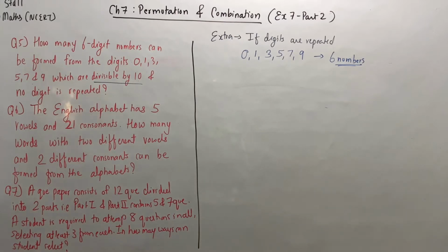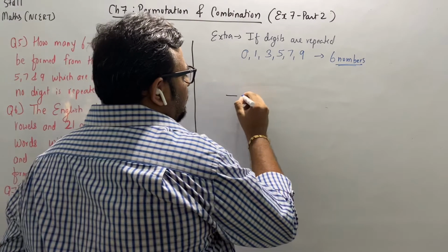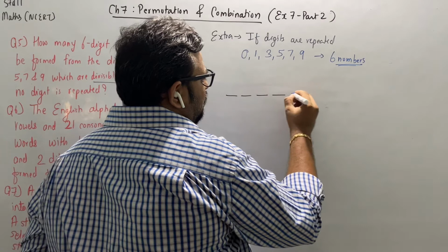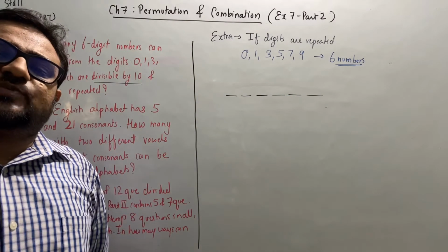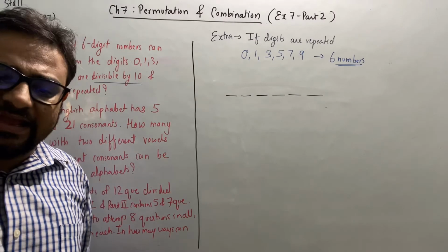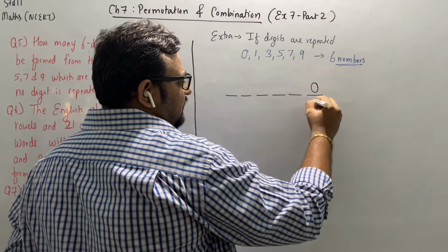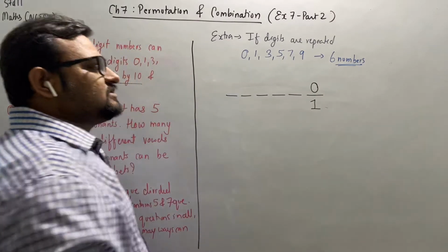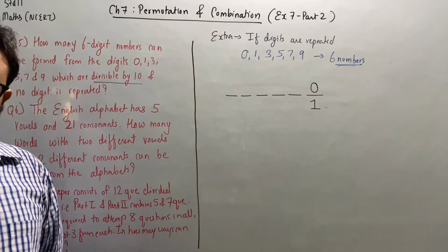It must also be divisible by 10. So see here, 1, 2, 3, 4, 5, 6. Now as it must be divisible by 10, here I can put only one number, that is 0, means only one possibility.